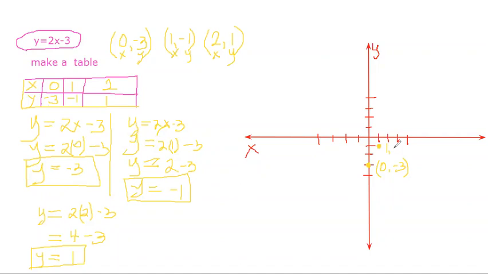And ang y natin is negative 1. That's our second point. Okay? Positive 1 ang x, negative 1 ang y. Kasi di ba negative 1 yan dyan. Dito. Negative 1. Ito naman positive 1. 2, 3, 4. Then up.